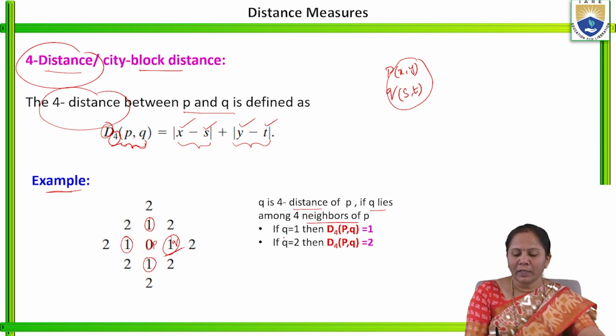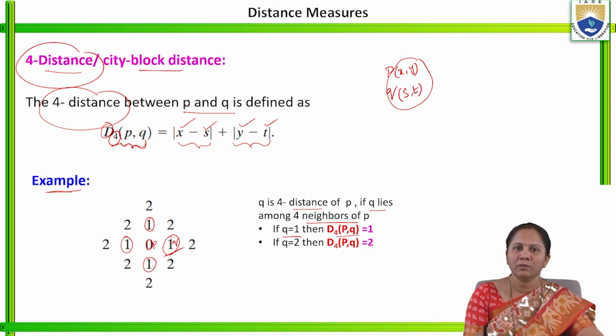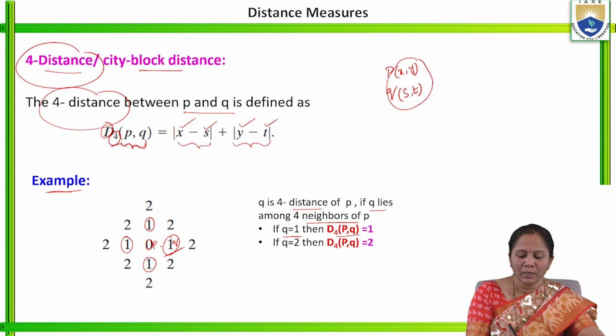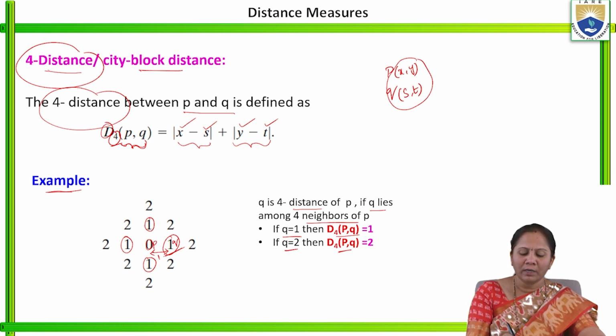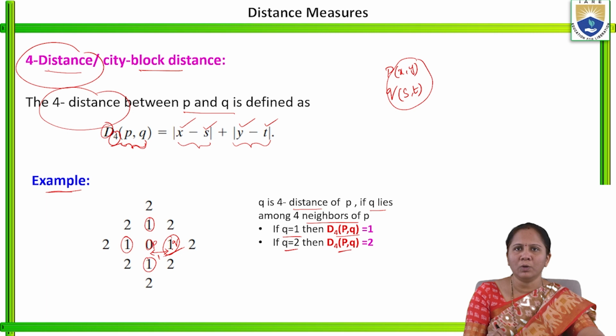Now, the value of D4 is equal to 1 when the distance between P and Q is 1. As we have considered in this example, the distance between two pixels is a unit distance, that is 1. So the distance from Q to P will be 1. If the distance between P and Q is equal to 2, then the value will be equal to 2.